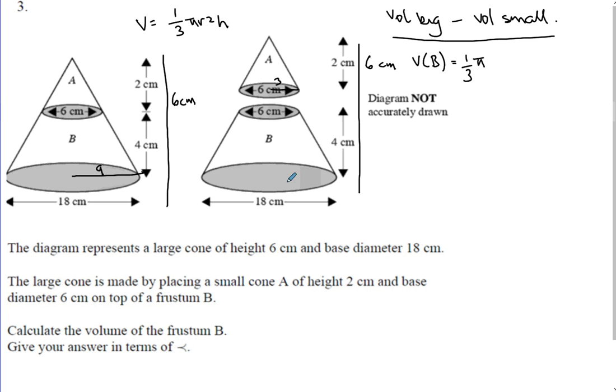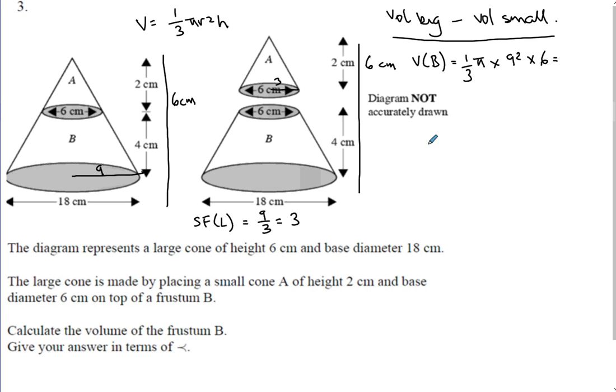And while we're doing scale factors, the scale factor of the length is 9 divided by 3, which is 3. In this particular question they're not asking you, but we want to check it right at the end. So you've got 1/3 pi times 9 squared times the height, which is 6.